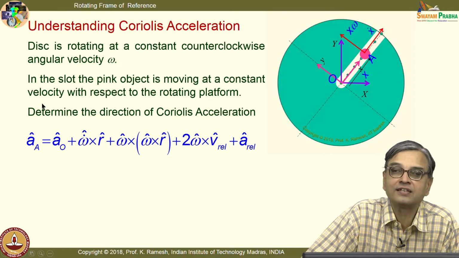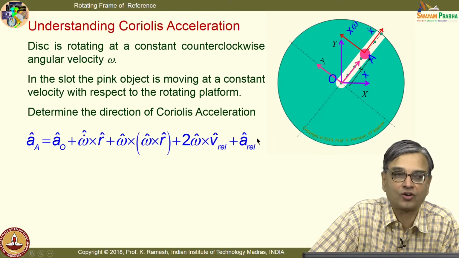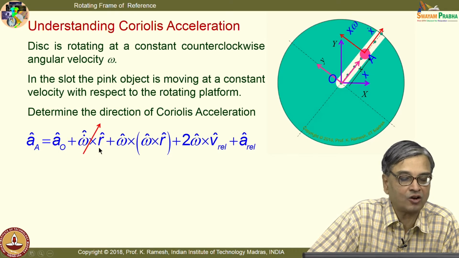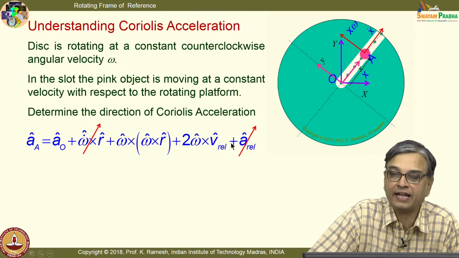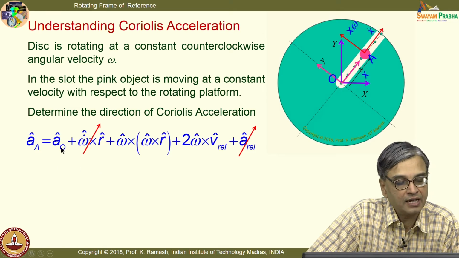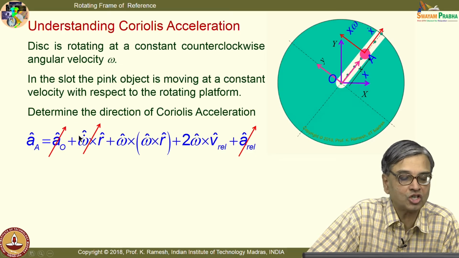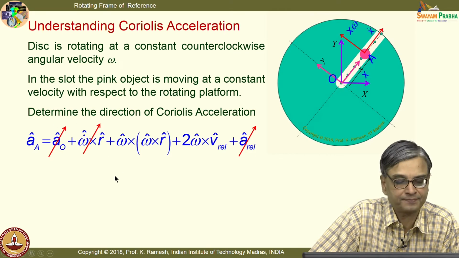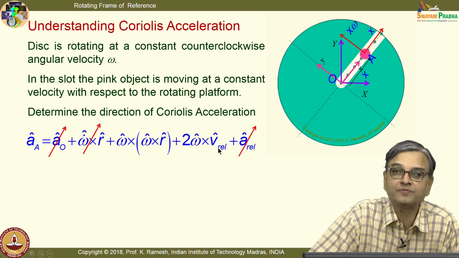When I say the velocity is constant, a_rel is knocked off. So, omega dot cross r is knocked off, a_rel is knocked off, and a_O is also knocked off because it is a fixed point. So, I am left only with two terms, omega cross (omega cross r) plus 2 omega cross v_rel.